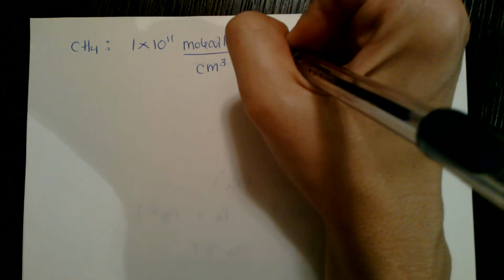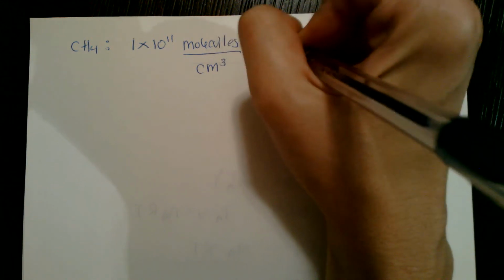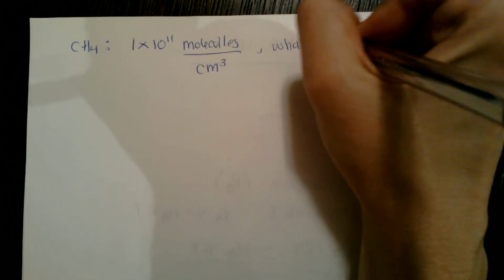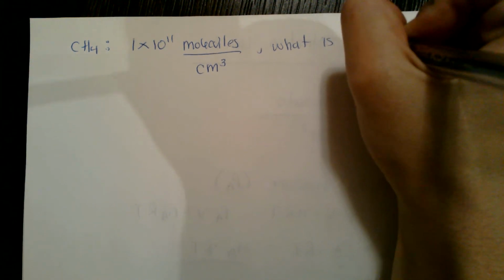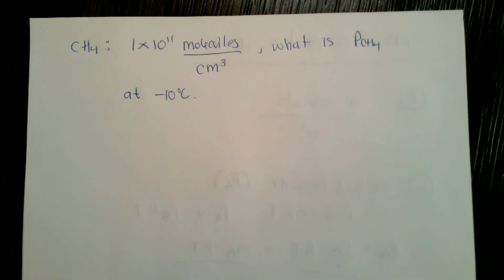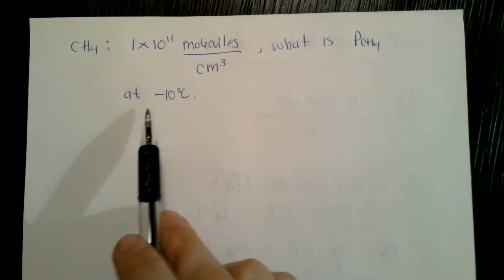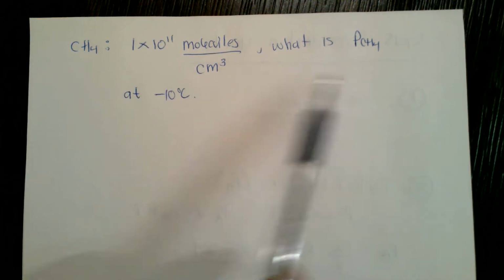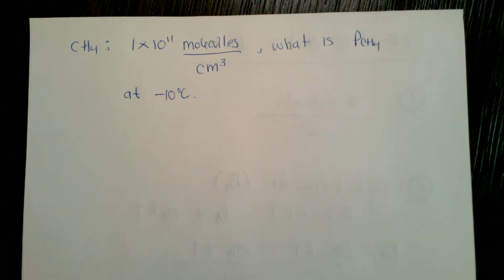So let's convert this, or let's find the partial pressure. What is the pressure of CH4 at negative 10 degrees Celsius? So in the upper atmosphere where it starts to get a little chilly, what is our pressure at negative 10?